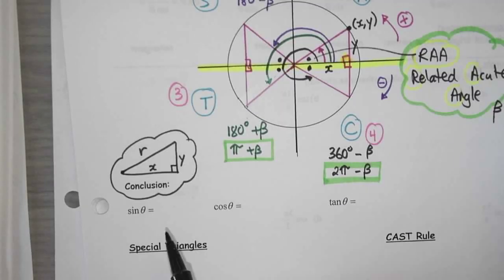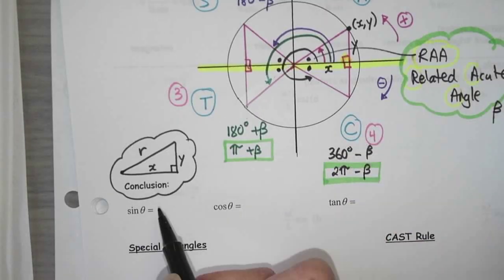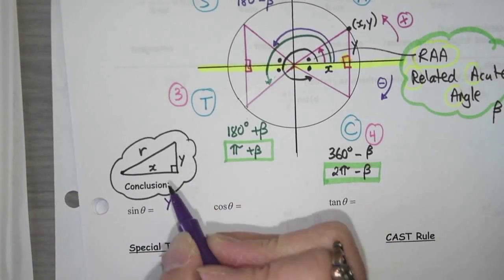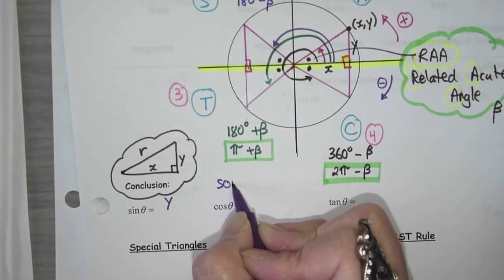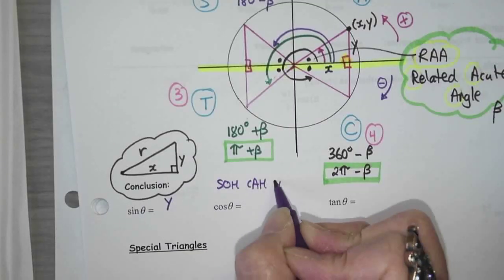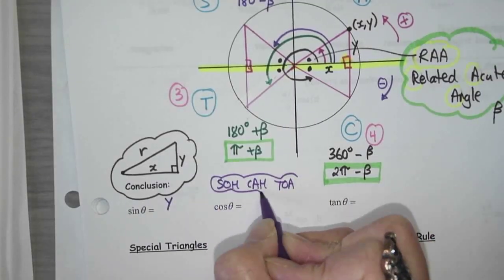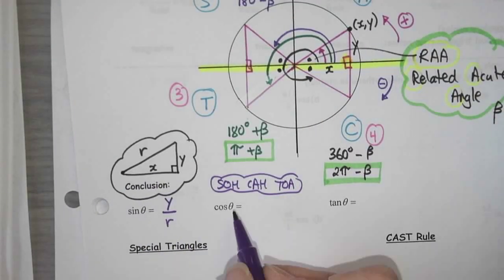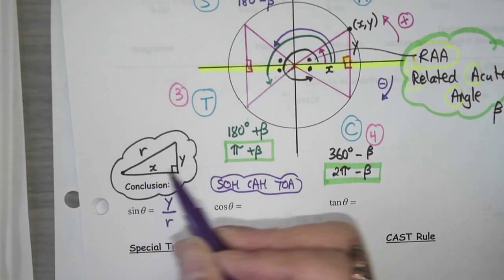And then from here, we could say that sine, when we have it in a coordinate system, as a coordinate, we can think of it in terms of y. So, so much knowledge. So SOH CAH TOA. Sine is y over r. Cos is CAH, so it's x over r.